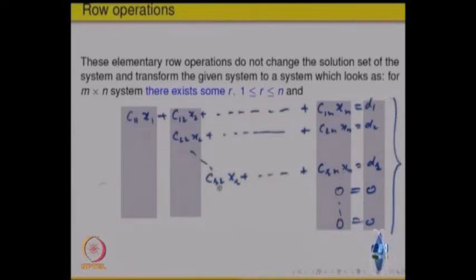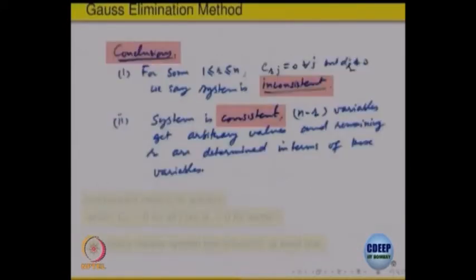It is possible, we did not say that these coefficients need not be 0, they can all be 0, but d_r is not 0. That will mean you get 0 equal to a non-zero number, and that will mean there is some inconsistency in the system. So, the system will not have any solution. That is called inconsistent.